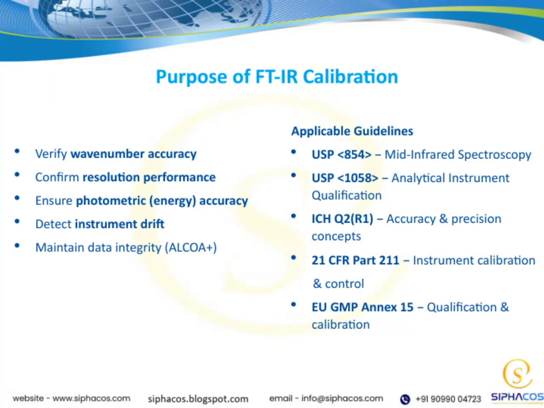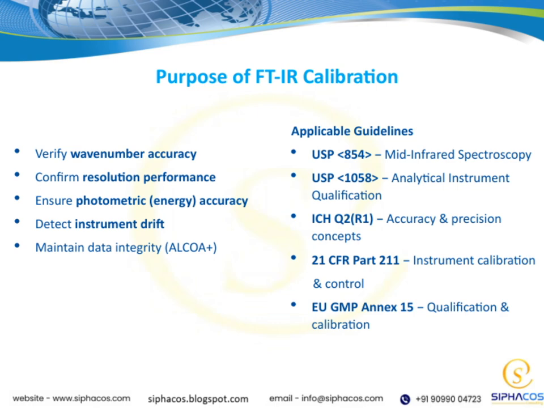Let's take a closer look at the applicable guidelines that govern FTIR calibration. First, USP 854 focuses on mid-infrared spectroscopy, outlining standards for accuracy and reliability in spectral measurements. Then, we have USP 1058, which deals with the qualification of analytical instruments, ensuring they perform consistently over time.